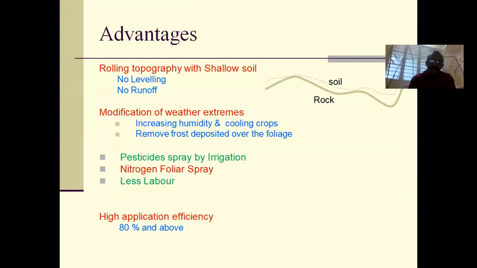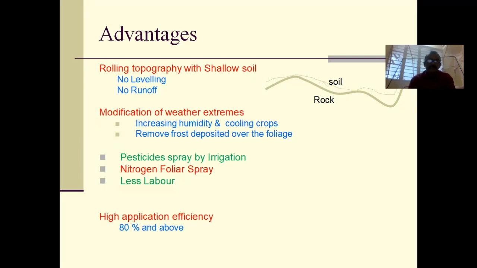When we apply nitrogen, when we apply urea to the crops through soil, then there is a possibility of more loss. So instead, if you apply urea through sprinklers, then the nitrogen uptake will be much better.